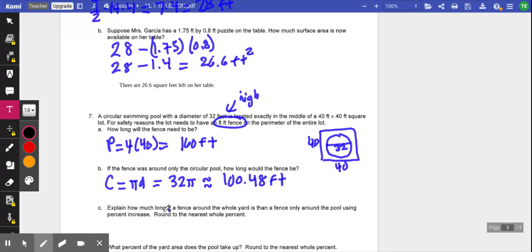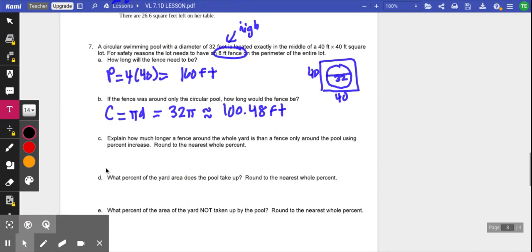Explain how much longer the fence around the whole yard than the fence only around the pool using percent increase. So we have to remember what percent increase is. So percent increase, we have to go the new minus the old. We have to figure out what the change in the value is.